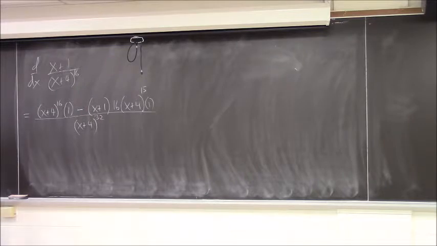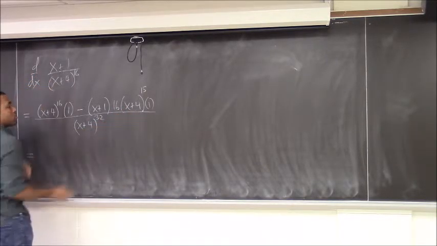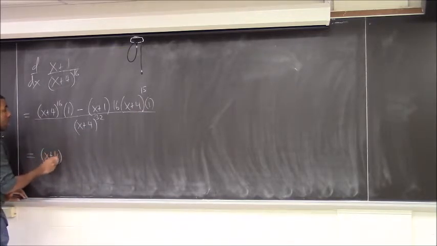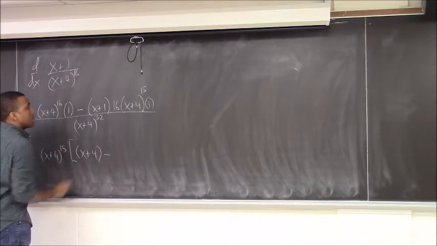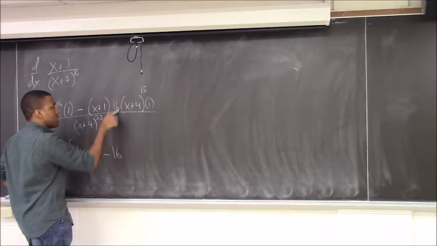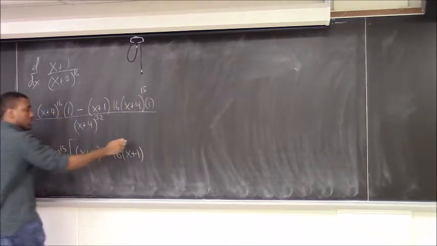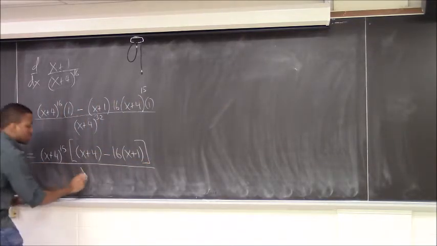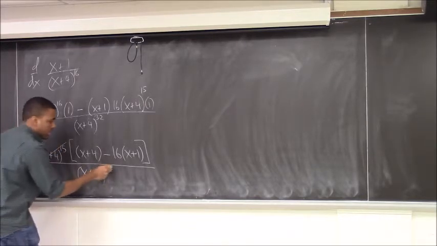And then what you can do is here you can simplify. So we can factor out x plus 4, a common term. So let's take that out. I can take out to the 15th power. In here I'll have an x plus 4 left over. Minus here I'll have that 16 left, the x plus 1 left. This guy I factored out. This cancels that.